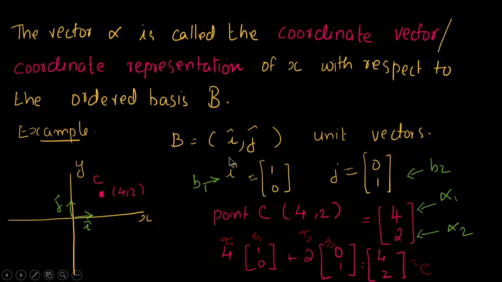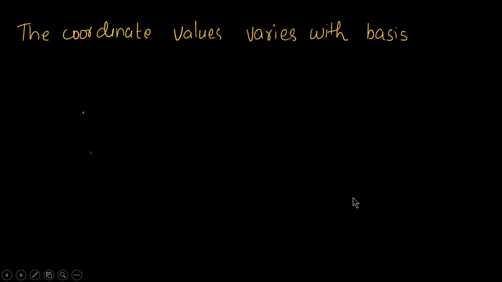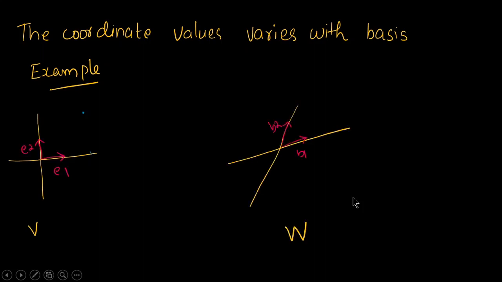And if the basis vectors are not unit vectors, you may get something different; instead of (4, 2), you may get a different value. The coordinate values vary with the basis. For example, these two are bases: here the basis is E1 and E2, and here the bases are B1 and B2. If you represent a vector x based on E1 and E2, and in W the same x can be represented with the basis vectors B1 and B2.